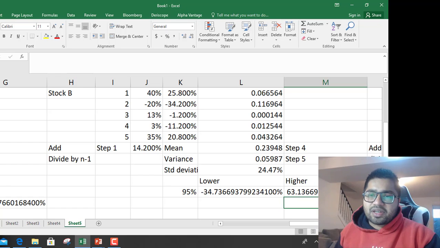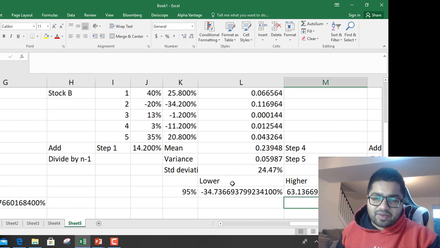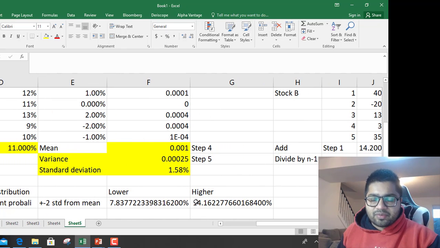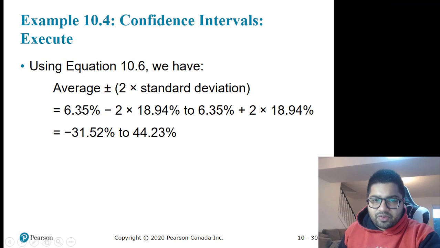So the range is minus 34 to 63%. 95% of the time it will fall between the lower and upper limit. So 6.35% minus 2 into standard deviation is the lower limit, and 6.35% plus 2 into standard deviation is the upper limit.